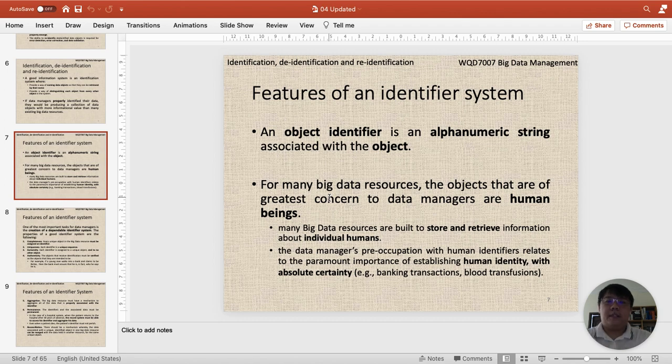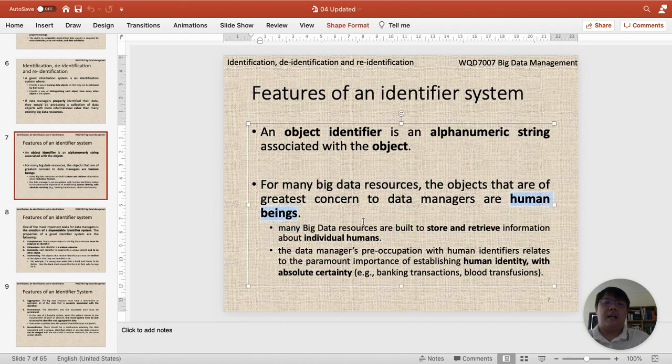So over here, an object identifier is an alphanumeric string. Of course, it can be just alphabet or numeric, but in general, alphanumeric is acceptable. For many big data resources, the objects of greatest concern to data managers are human beings. Most of the time, the systems that you're creating are for human beings.